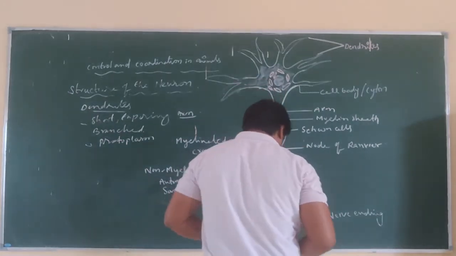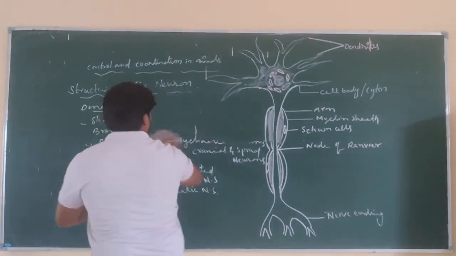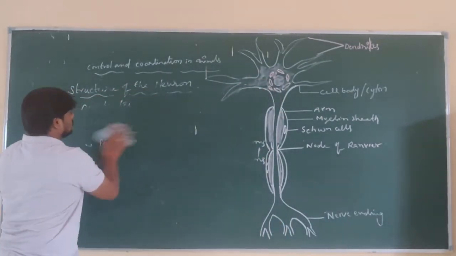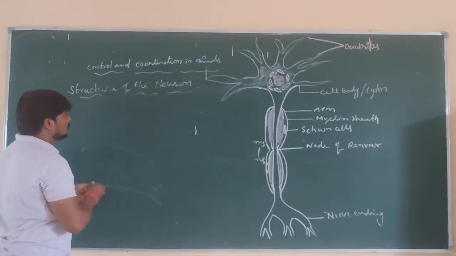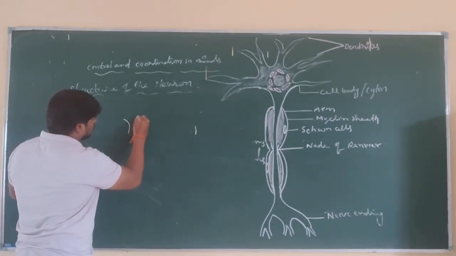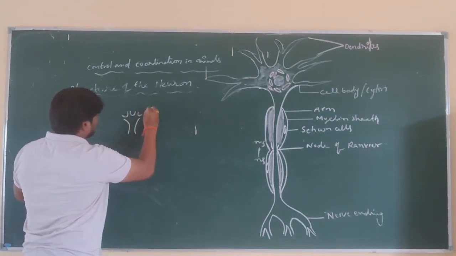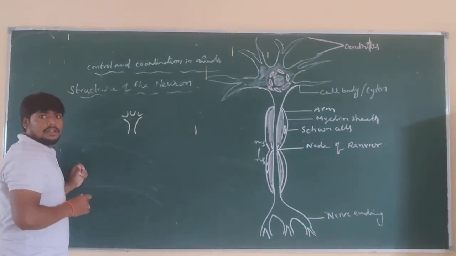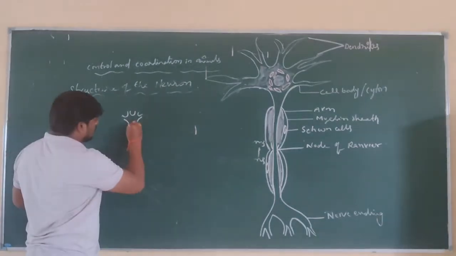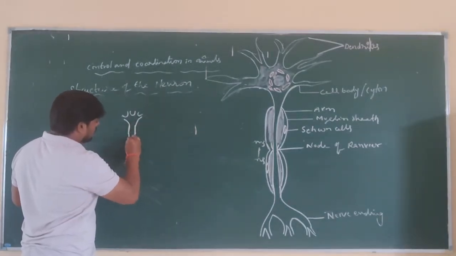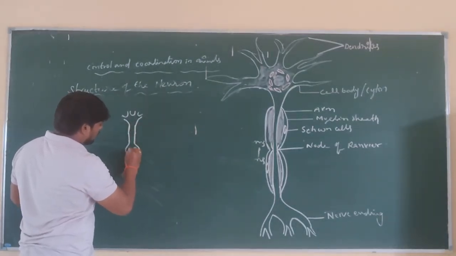So how is it happening here? See. This is one nerve cell, and this is the axon, and this is the nerve terminus.